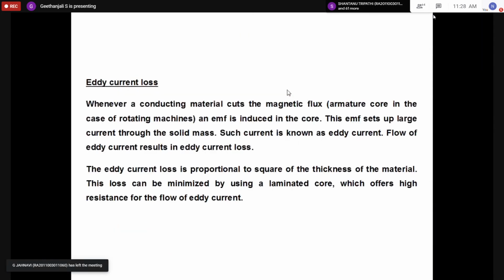Second one, eddy current loss. Go through the slide.